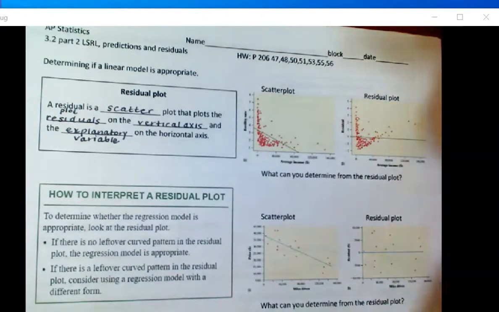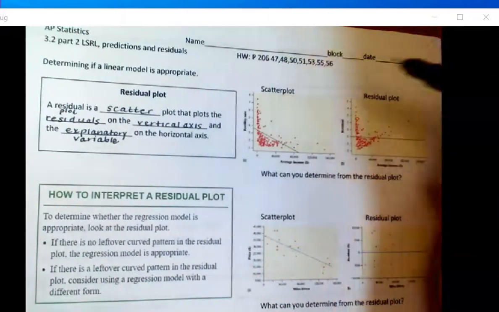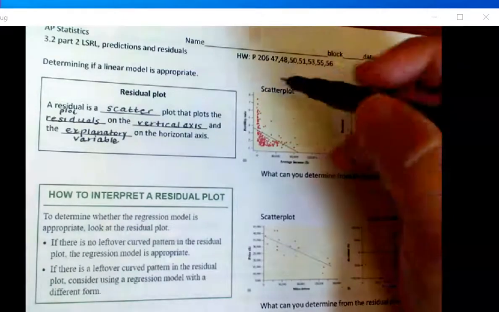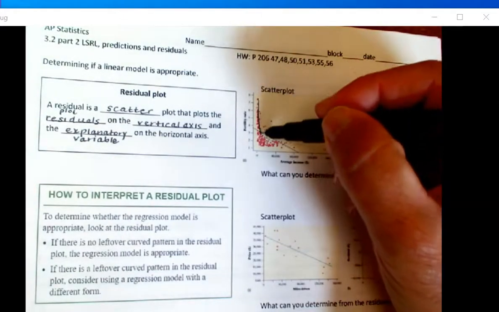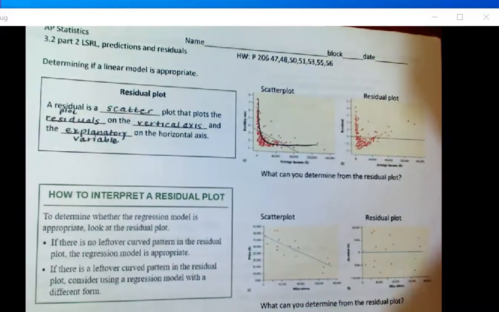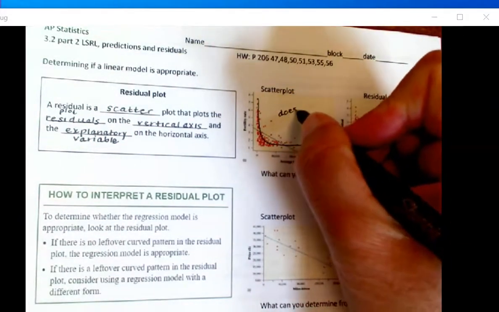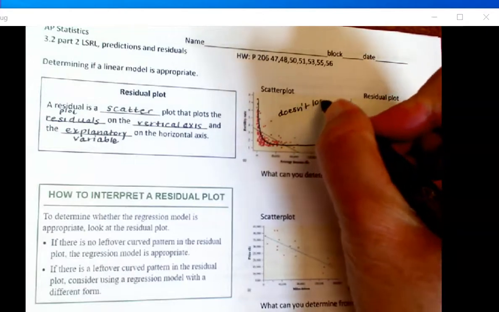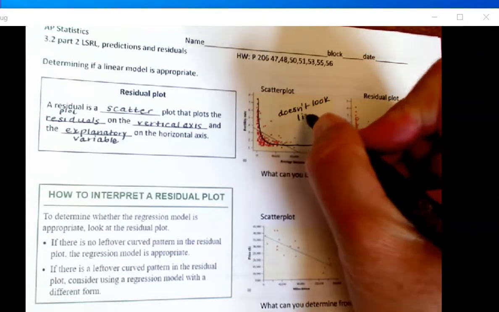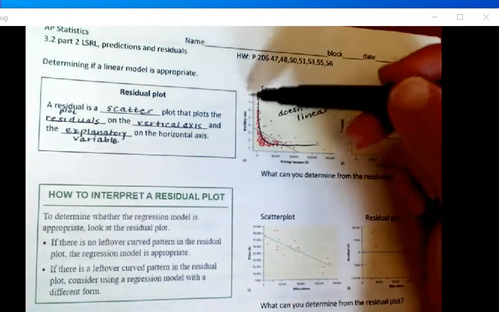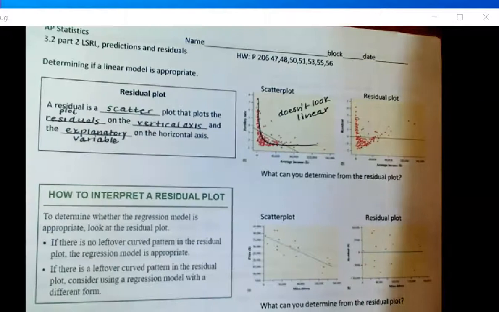First, with this first scatter plot, look at that regression line. It does not fit the data very well at all. In fact, this data doesn't look linear to begin with. The original scatter plot showing the relationship between average income and fertility rate doesn't look linear from the get-go.